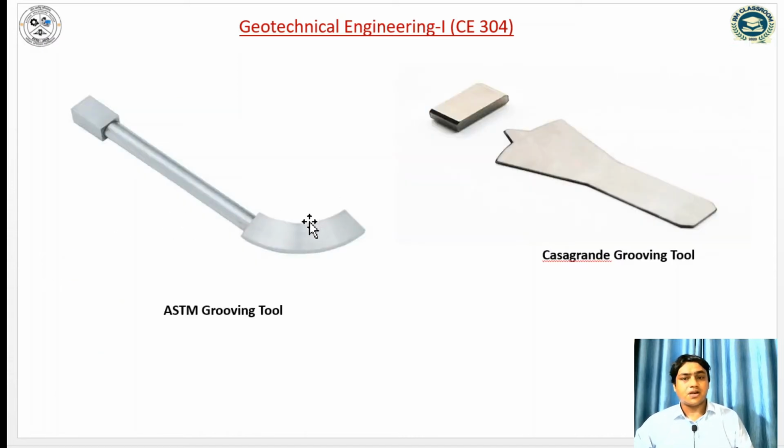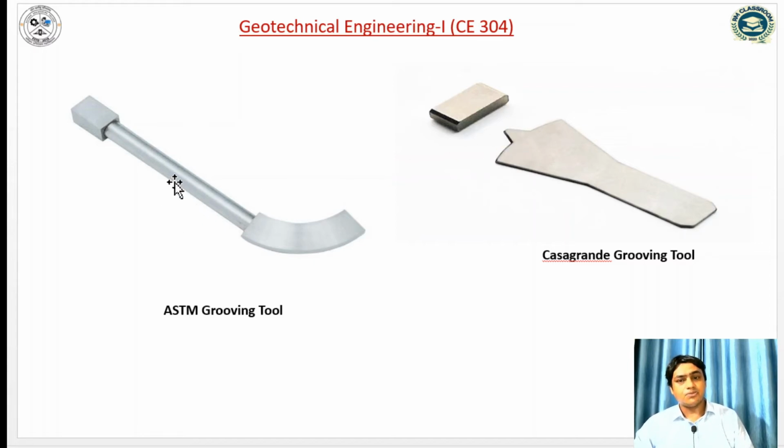Similarly, the grooving tool: there are two types of grooving tool. The first one is the ASTM grooving tool, and the second one is the Casagrande grooving tool. So what is the difference between them? The bottom width of the Casagrande tool is 2 mm, the top width is 11 mm, and the depth is 8 mm.